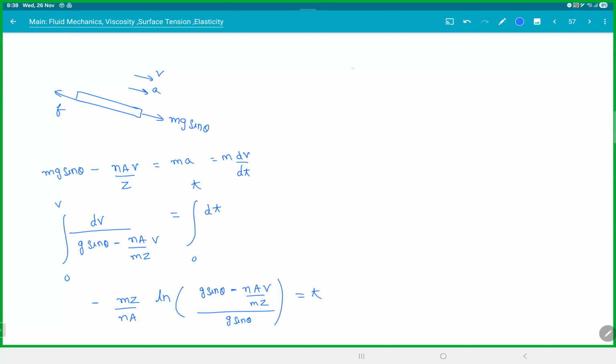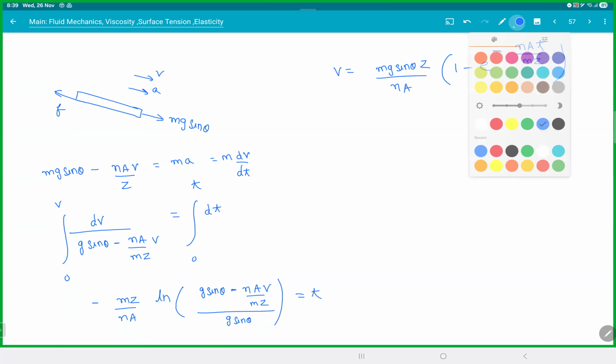You end up with v is equal to mg sine theta z by eta A, times (1 minus e power minus eta A t by mz). There. It's an exponential decay function, and this term here would be the terminal velocity.